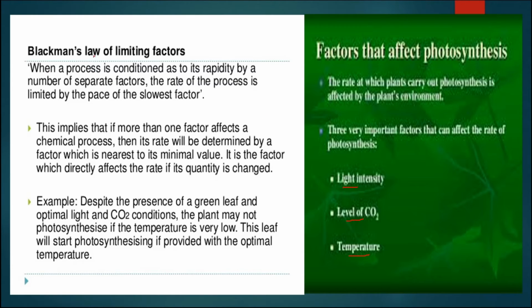Blackman's law tells that when any phenomenon is controlled by separate factors, then the rate of the process will be controlled or limited by the factor which is slowest. For example, if the availability of CO2, temperature and other things are good, but water is less, then the rate will be controlled by water.